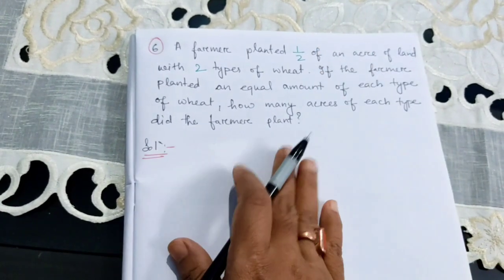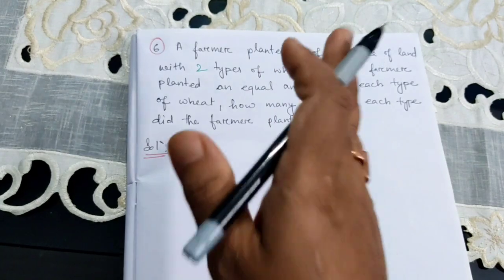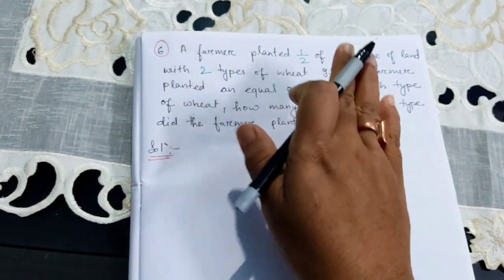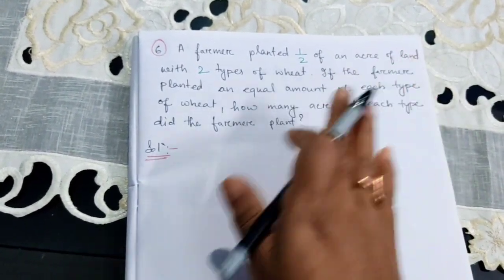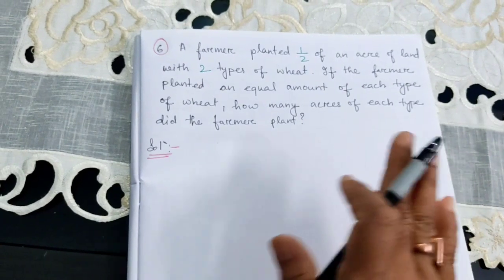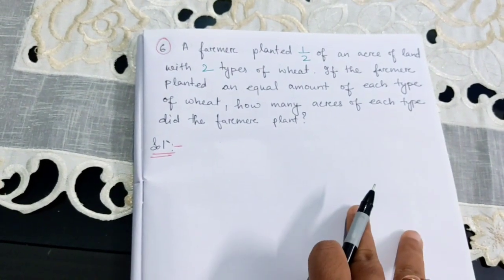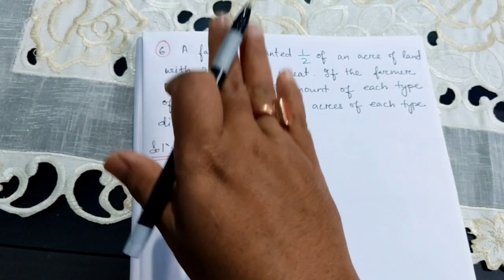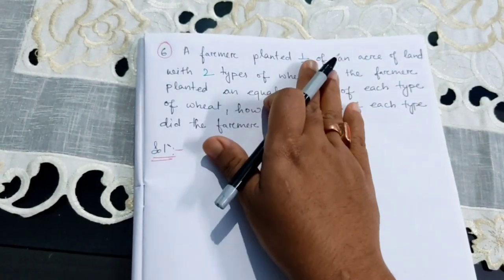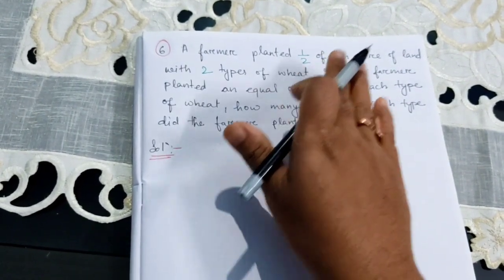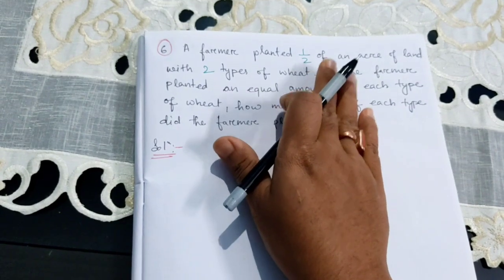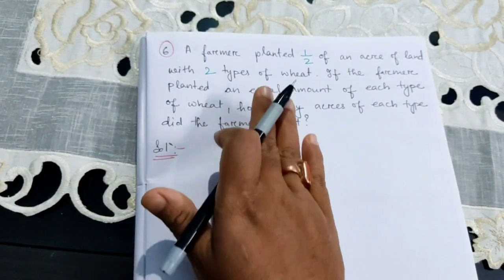So you will do division, because the half land is being divided into 2 parts.